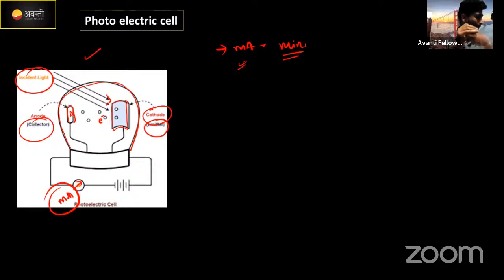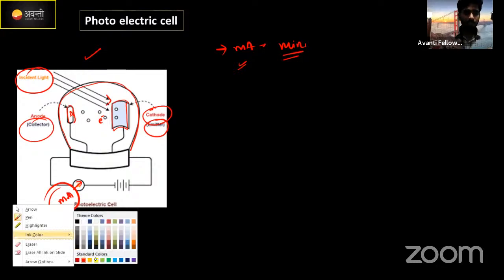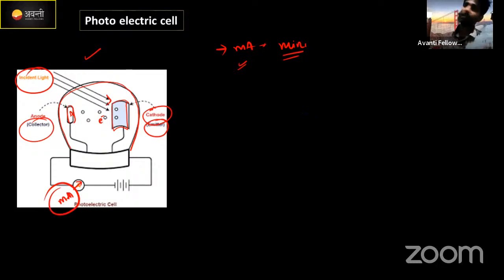Based on this topic only, there are so many applications in our daily life based on the photoelectric effect. What are those applications? You might know about them in a few big buildings like multi-specialty hospitals and MNC companies.